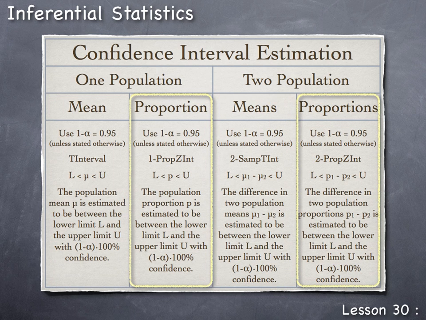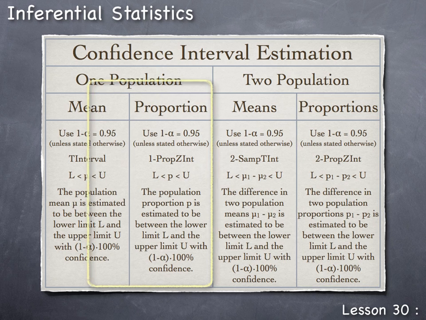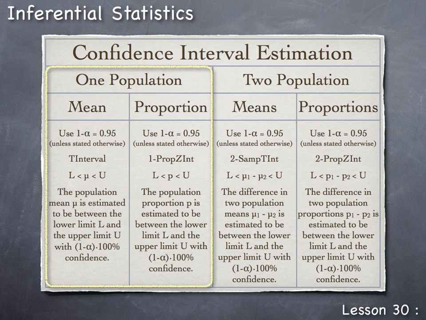Also, we'll be learning how to estimate proportions, which are percentages based off of count data. For both the mean and the proportion, we'll be learning how to construct confidence interval estimates for just one population mean, mu, and for one population proportion, p.